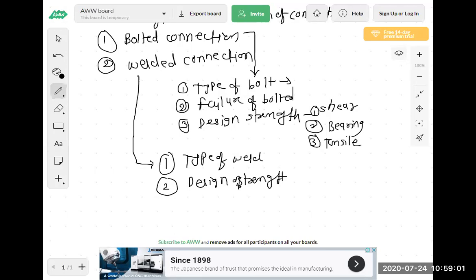The first design strength is for the fillet weld, and the design strength for the butt or groove weld.